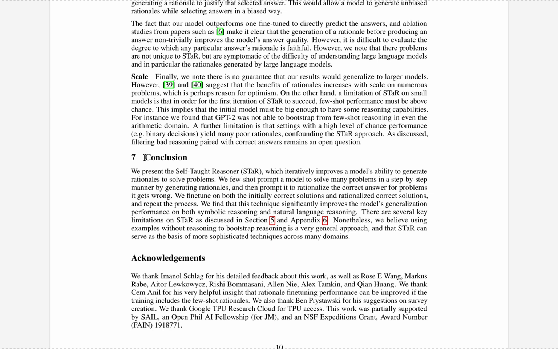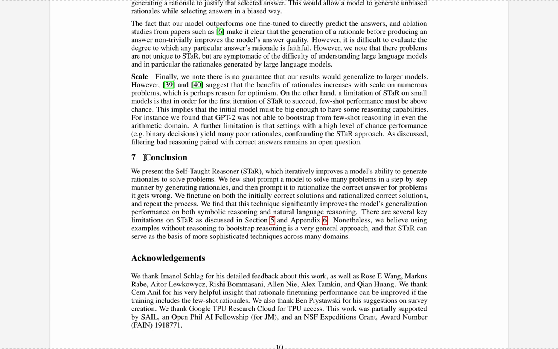For instance, we found that GPT-2 was not able to bootstrap from few-shot reasoning in even the arithmetic domain. A further limitation is that settings with high level of chance performance, e.g. binary decision, yield many poor rationales, confounding the STaR approach. As discussed, filtering bad reasoning paired with correct answer remains an open question.